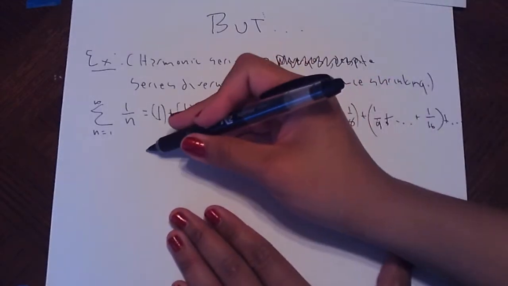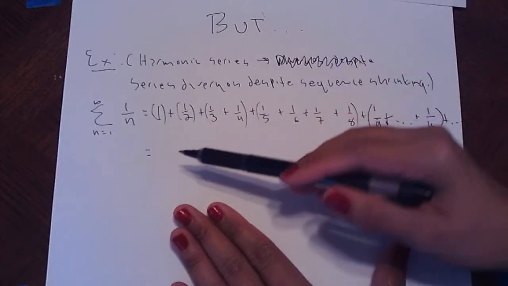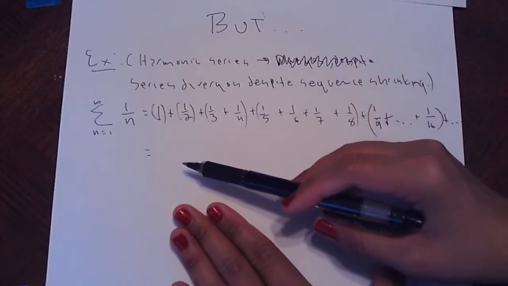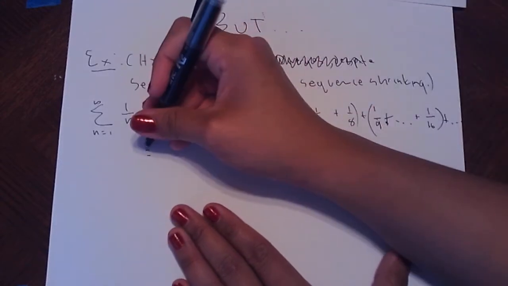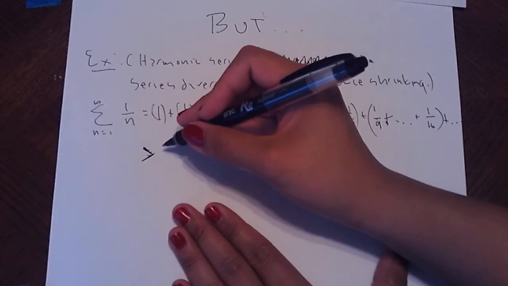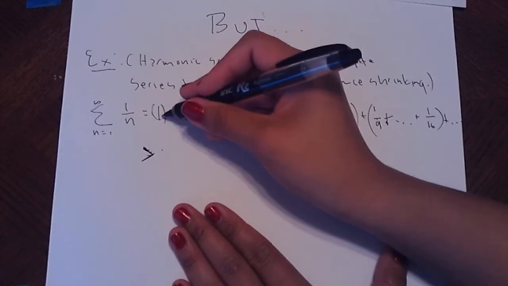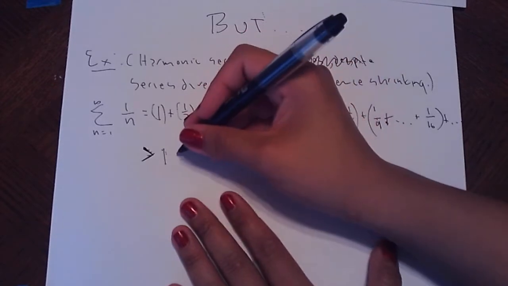Now, if I do that, here's what happens. Okay? This collection that I've added, this is actually going to be bigger than the following. Okay? Now, 1, this is the same as 1. That's fine.